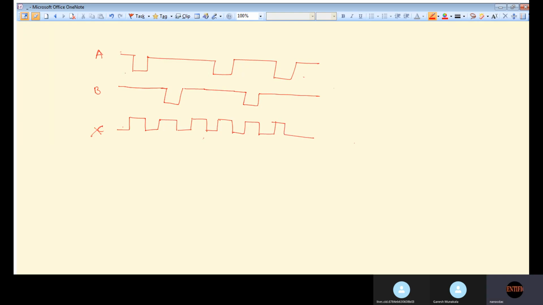Now you see here, for 1 and 1 the output is 0. For 0 and 1, output is 1. For 1 and 1, the output is 0. For 1, 0, 1.